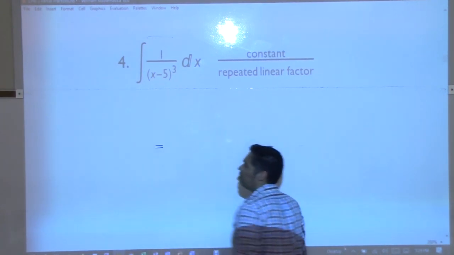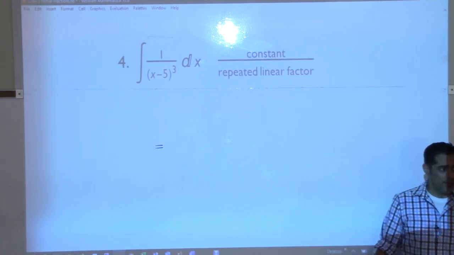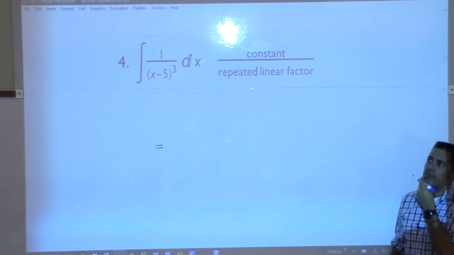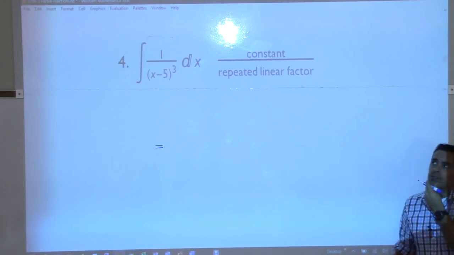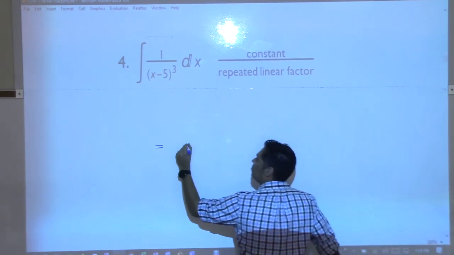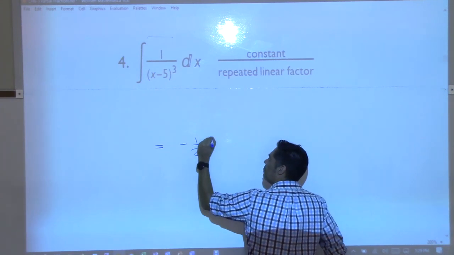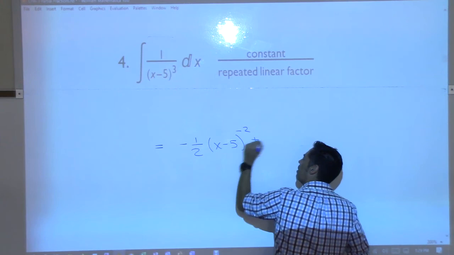This really looks like a 1 over u cubed, right? Which is u to the negative 3. So what's the antiderivative of u to the negative 3? Negative 1/2 u to the negative 2. But what's u for us? x minus 5, to the negative 2, plus c.